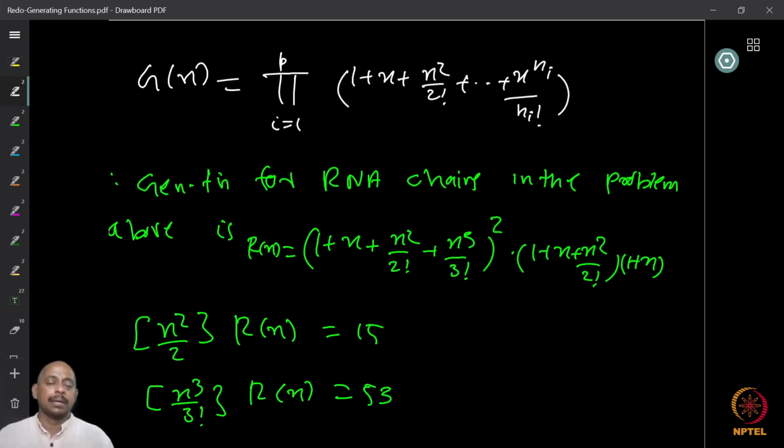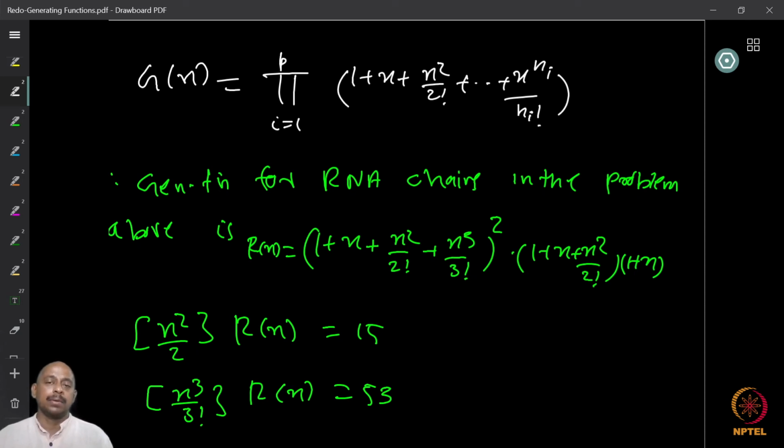Then I take the product, i ranging from 1 to p. This will tell you that if I am drawing exactly n objects, then the coefficient of x raised to n in this product tells which term I have chosen from the first factor, 1 plus x etc. up to x raised to n_1 by n_1 factorial, and that tells you how many copies of the type 1 object I have chosen.